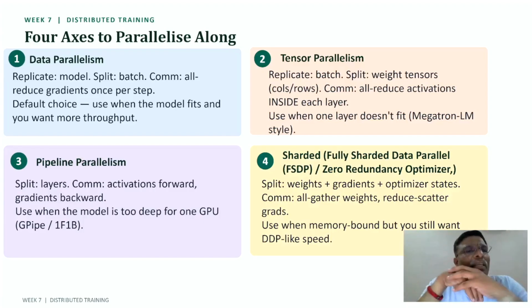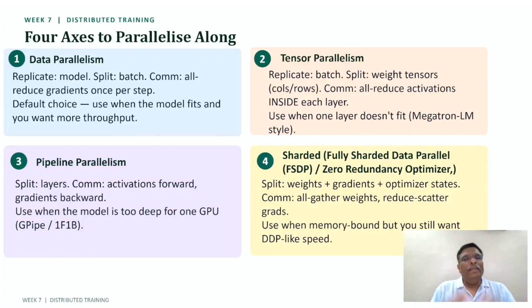That basically means we can replicate the model, split the data into batches, and then all gradients can be collected together as a last step.